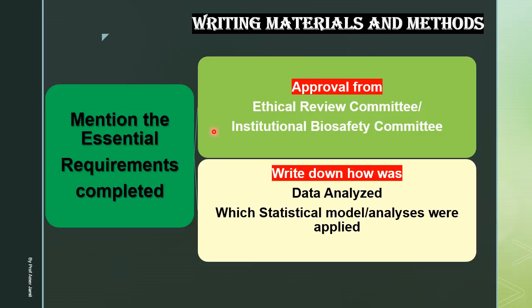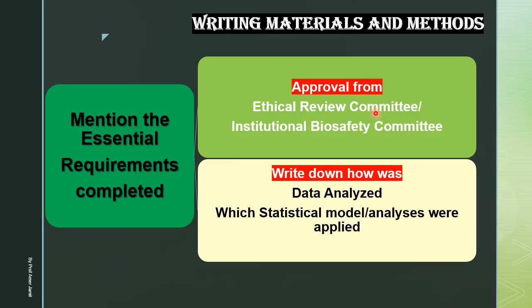In methodology, you should also mention the essential requirements that you completed for your project, like any types of approvals that you have taken from the ethical review committee or the institutional biosafety committee. For the research on animals where human beings are involved, or in case of any other ethical issues involved, then you have to take permission from the ethical review committee at the synopsis level.